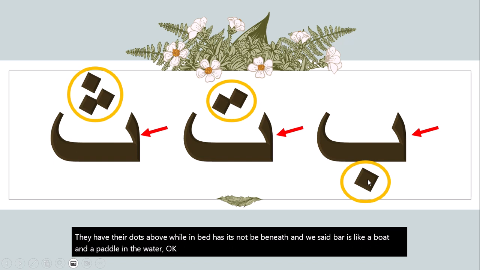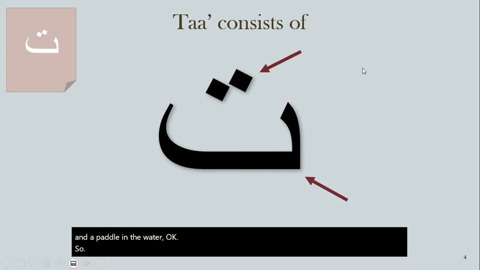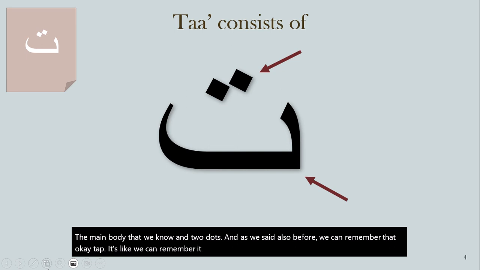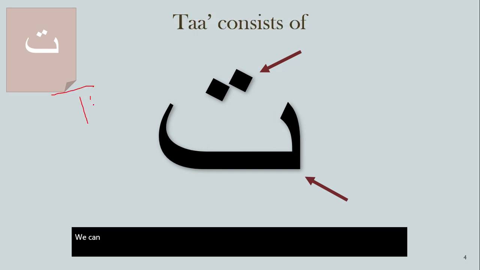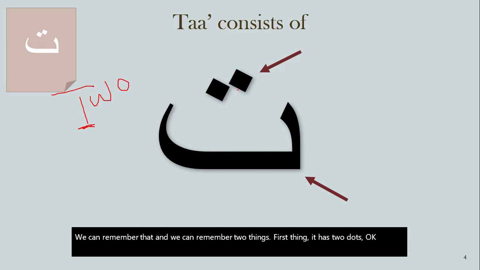As we see here, ta consists of two things: the main body that we know and two dots. As we said before, we can remember it by the number 2. First, it has two dots, and it's the second one in the triplets.